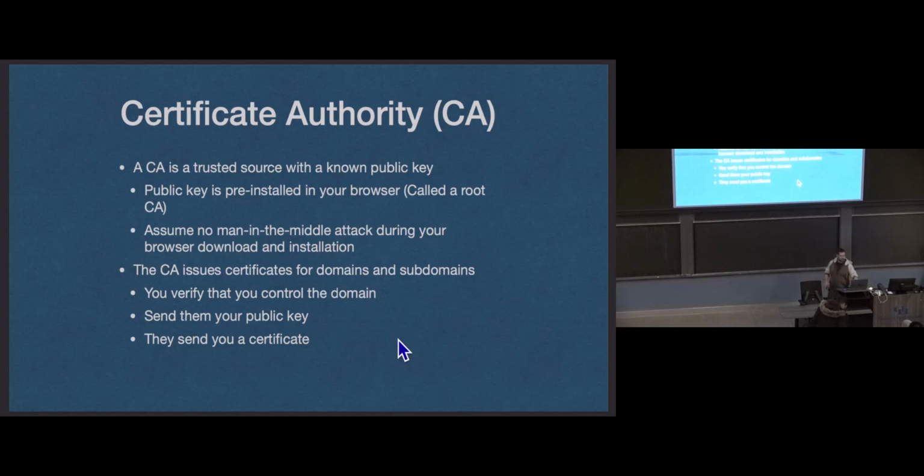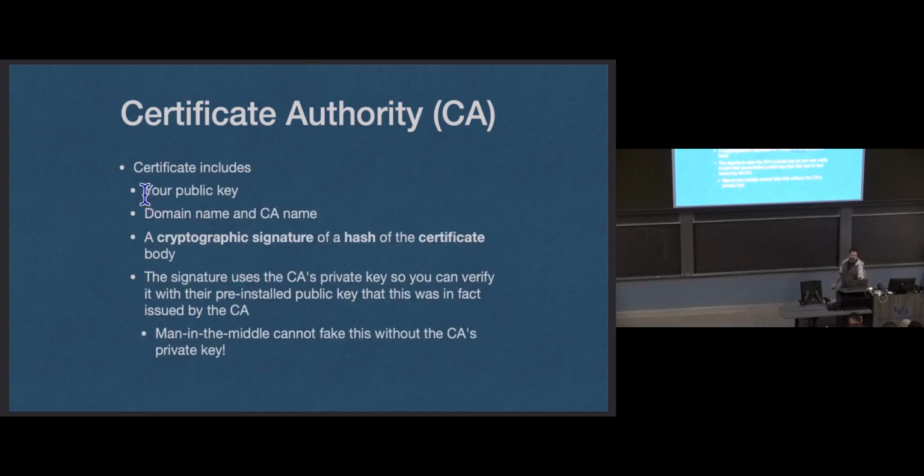And when you do, they take your public key and they turn it into a certificate. I say turn it into, but this certificate is going to contain your actual public key, the domain name, the certificate authority that issued the certificate, and then a cryptographic signature of a hash of the certificate body.